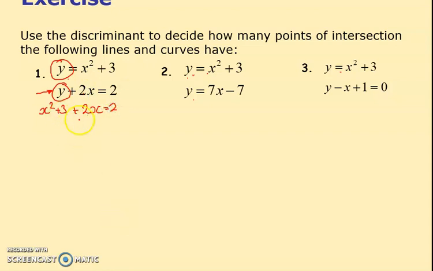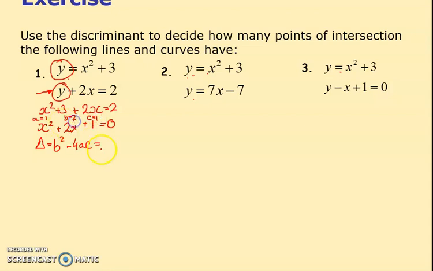Now remember, we don't have to solve it. It just says decide how many points of intersection you've got. So I'll do here x squared, let's tidy this up, plus 2x. The 2 moves over, gives me a plus 1. And I want to see the discriminant found. In your exam, b squared minus 4ac, I want to see it. What's it equal? Well, my a is 1, my b is 2, my c is 1.